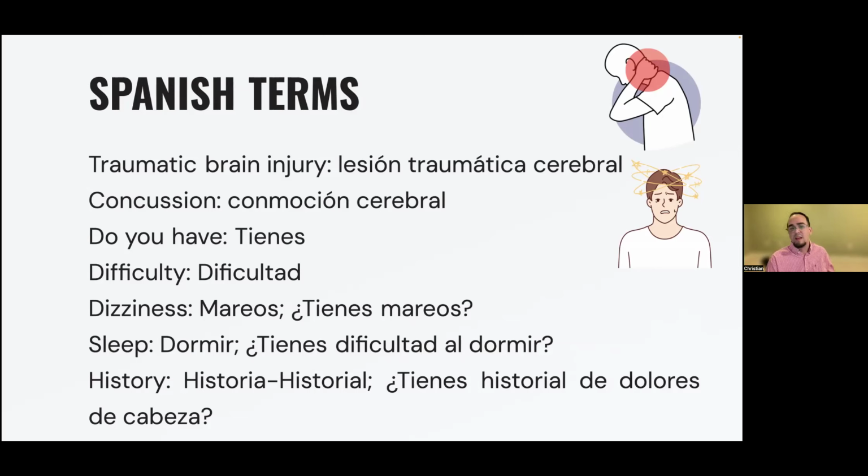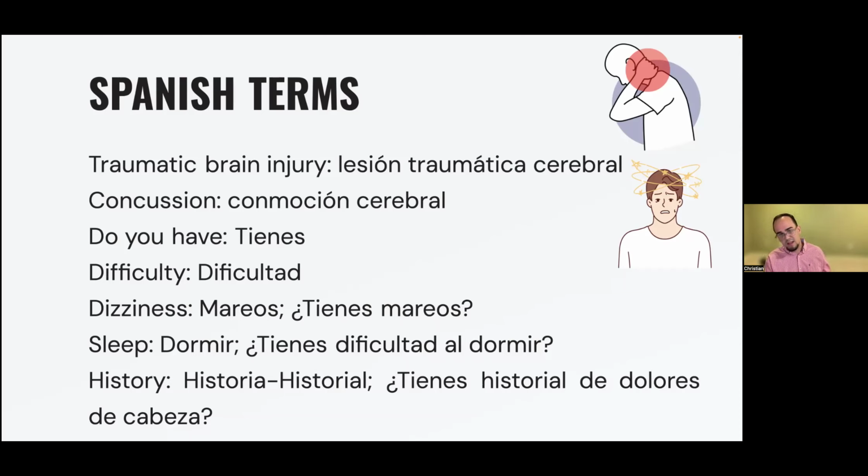Then during the evaluation itself, we may use certain typical words, especially when we are asking patients to describe their symptoms, or when we encompass them within a specific question. So "do you have" will be a useful thing to know in Spanish, and it directly translates to tienes.